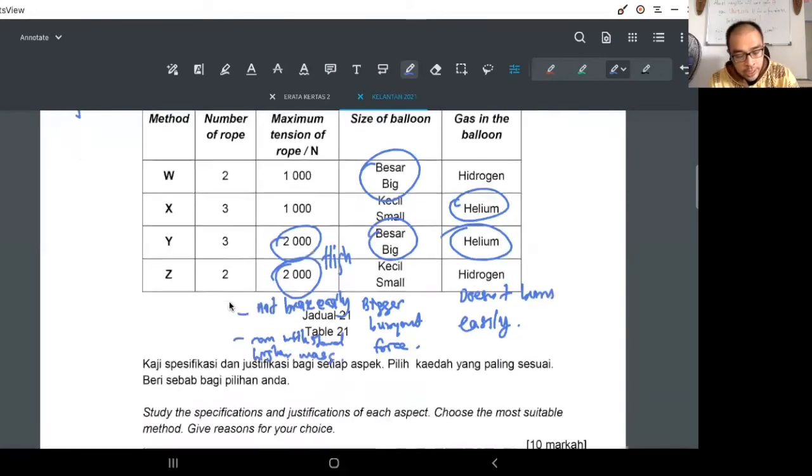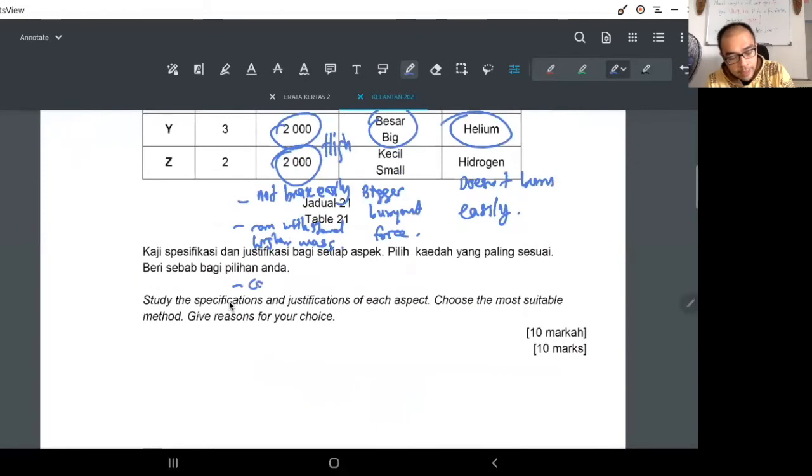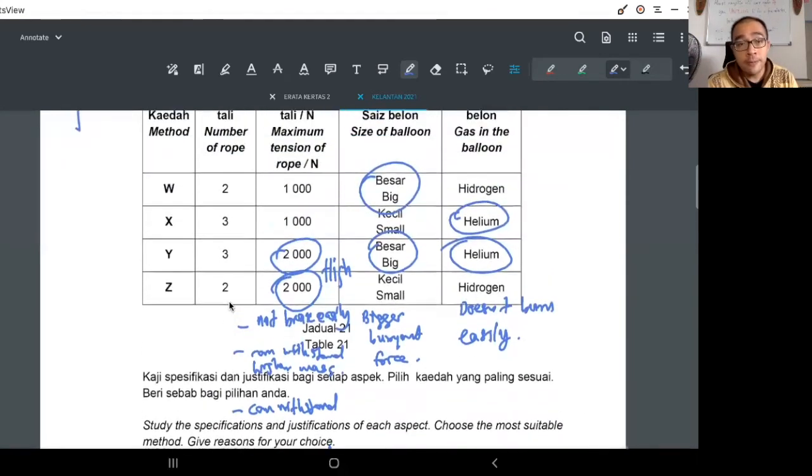You can also say can withstand strong winds. Sebab kamu itu balon terapung makan, so it's going to be very windy and everything. So you want to withstand the winds. That's why you have this high tension lah, so that it doesn't fly here and fly there. Kalau dia kendur makan, it will just go all over the place, which is not very good lah.